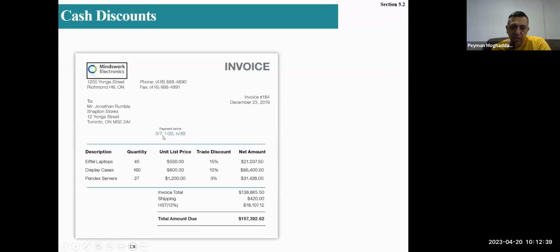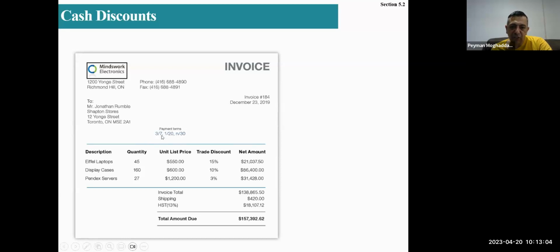In this case, the invoice date is December 23rd, 2019, and we have a payment term of 3/7, 1/20, N/30. That means after the invoice date, if you pay within 7 days, you get a 3% discount.